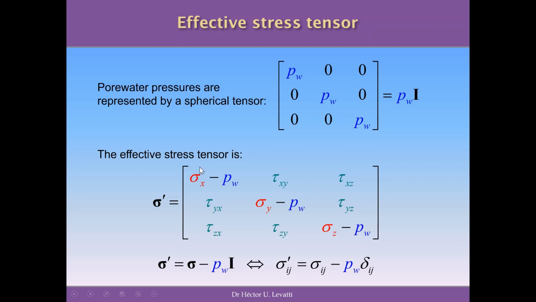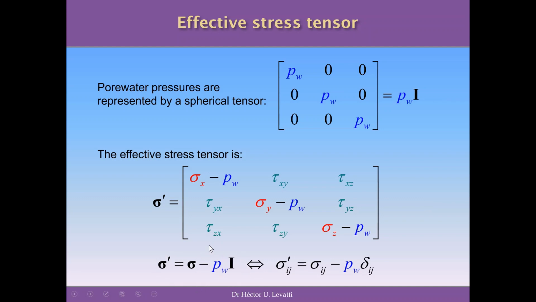subtract the pore water pressure, this is the expression for the effective stress in 3D using the definition of a stress tensor. You see, it's not too complicated because the pore water pressure is spherical, so it affects only the diagonal of this matrix, and this is the way that the effective stress looks when you use the concept of tensors.